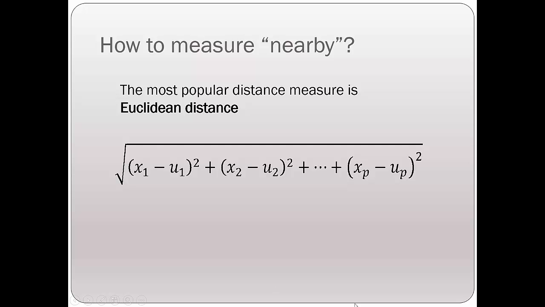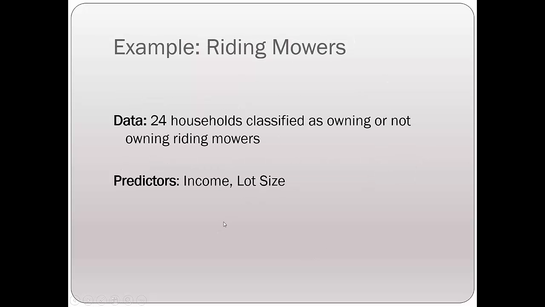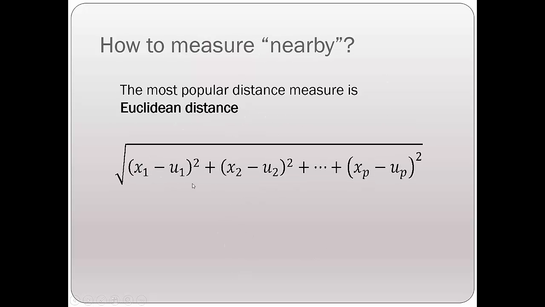So suppose the new observation has these values u sub 1, u sub 2 up to u sub p. Okay, there are p predictors, right? So a new observation comes in and these are the values of the new predictor. Now you go ahead and compute the distance between the new predictor and any given predictor observation, so you have x sub 1, this is the first, x sub 2 and through x sub p.